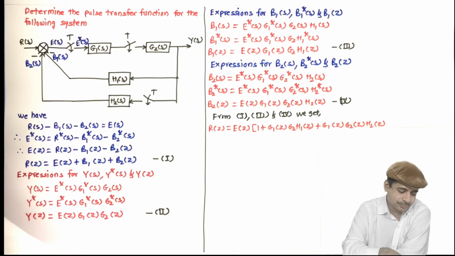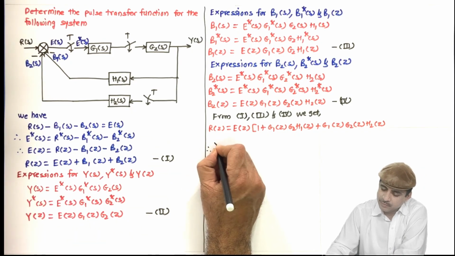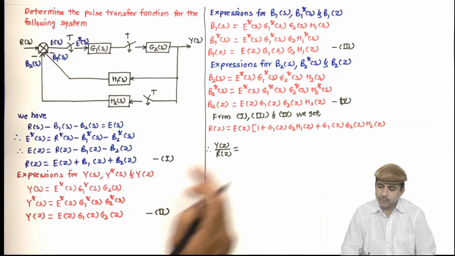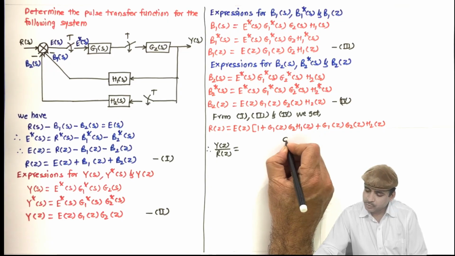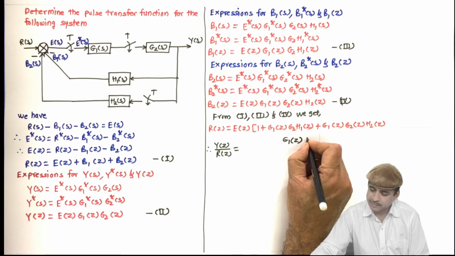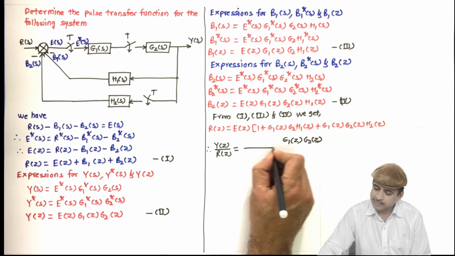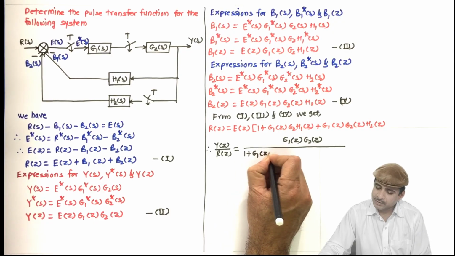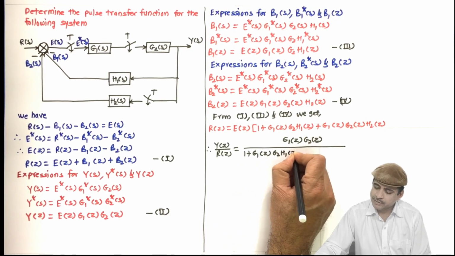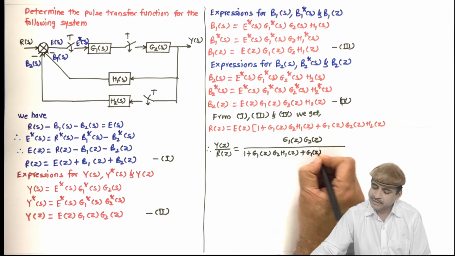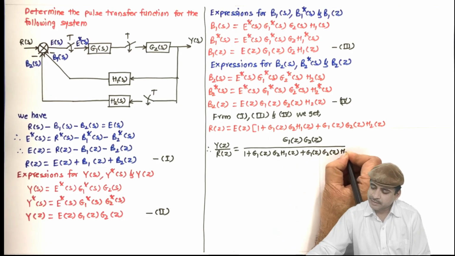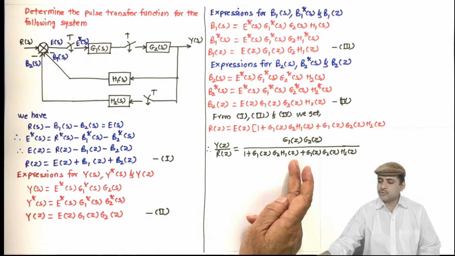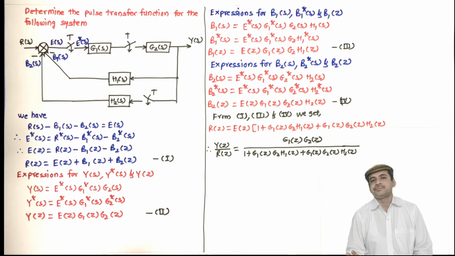And so finally we get Y of Z by R of Z is equal to, E of Z gets cancelled, G1 of Z G2 of Z divided by 1 plus G1Z G2 H1Z plus G1Z G2Z H2Z. Finish. And this was quite possible to obtain directly.